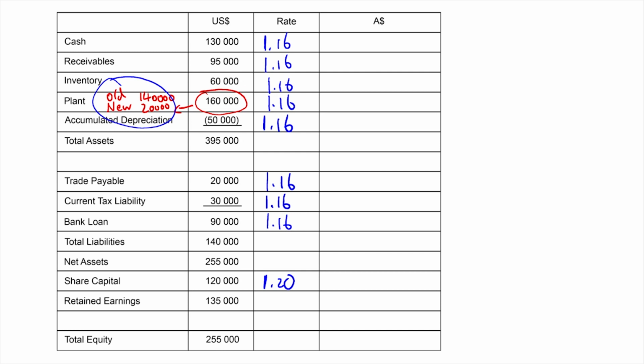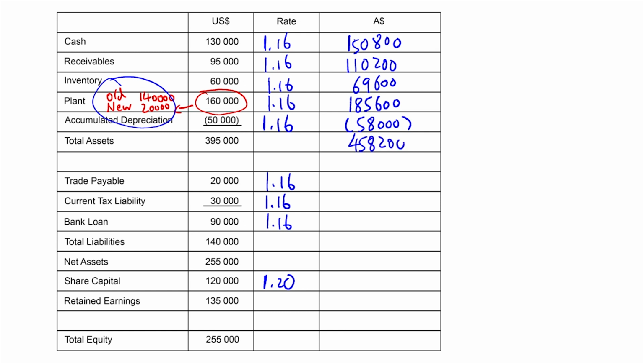So what we do here is to translate that one by one. So what you can see here is that we got 150,800 for cash. Then we also do the translation for all the other amounts as well. So it's a very straightforward translation. So with total asset, pretty much what you do is to add up all the asset and then minus the accumulated depreciation. You're going to get 458,200.